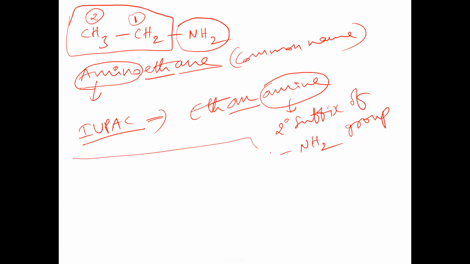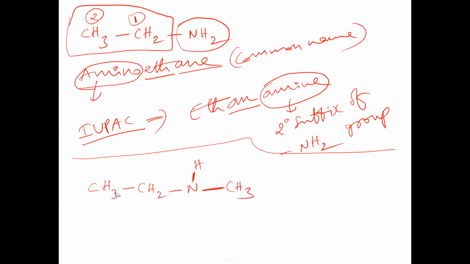Now one more example I'm taking here. Suppose you take CH3 CH2 NH CH3. In this case, how many carbon atoms are in the longest chain? There will be 2 carbons here. In this case, the CH3 group is attached to what, nitrogen or carbon?